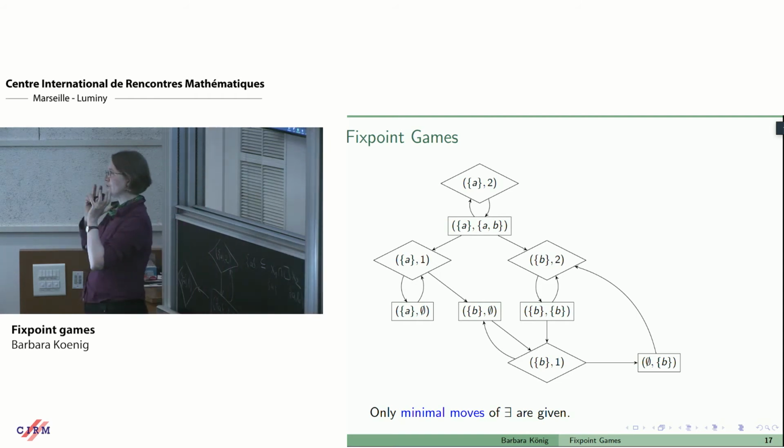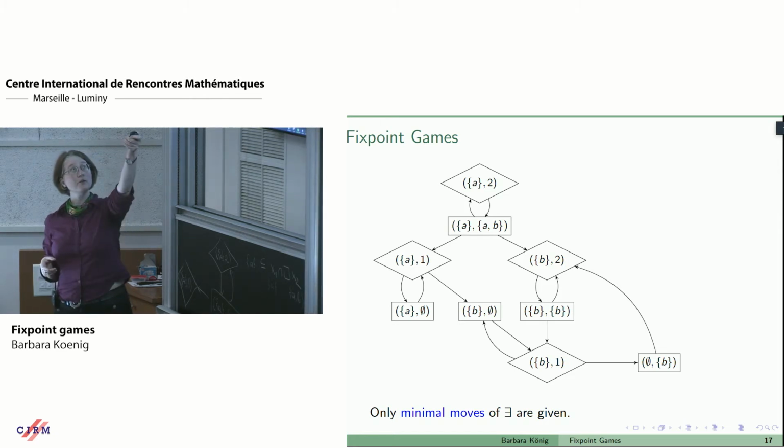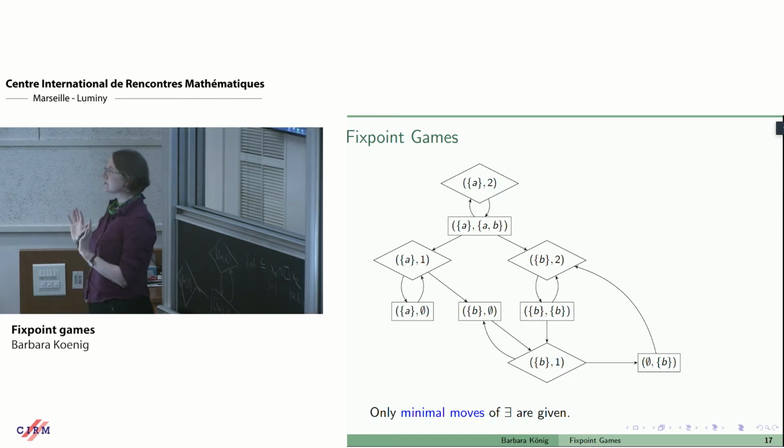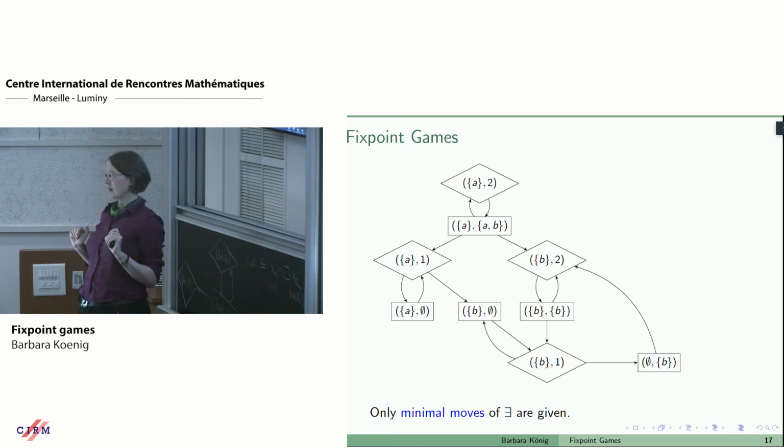So I would say that you are the existential player. I think the people on Zoom can also play if Uli tells me about the moves. So you are all the existential player, meaning you move at the diamond nodes. And remember, there are no finite games.